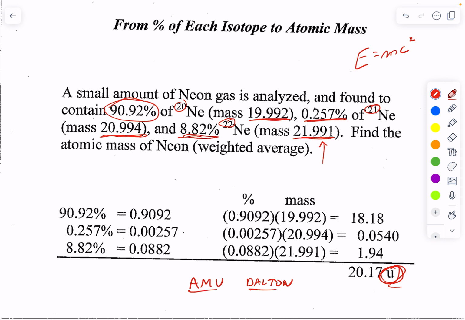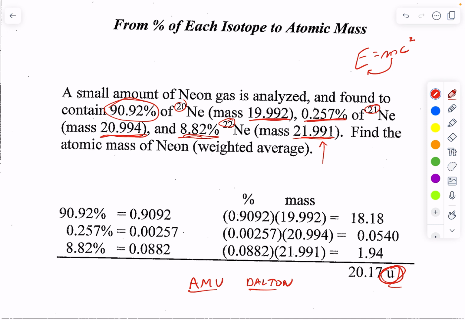And that's the nuclear energy that holds the nucleus together that is released in nuclear reactions. So some of that mass is no longer in its mass form, but it's in the energy form.